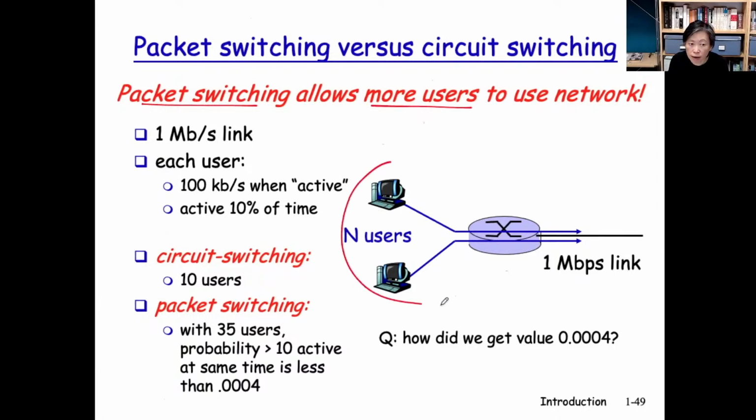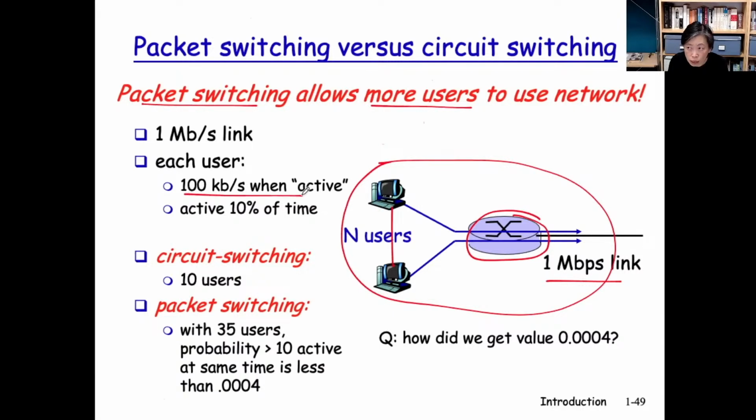All right, so the scenario is very simple. We have a network of end users, and they're behind this router. Going out of the router is a very low bandwidth link, 1 megabit per second. And each of the users is behaving this way. When they're active, they need a lot of bandwidth, 100 kilobits per second. But they're only active 10% of the time.